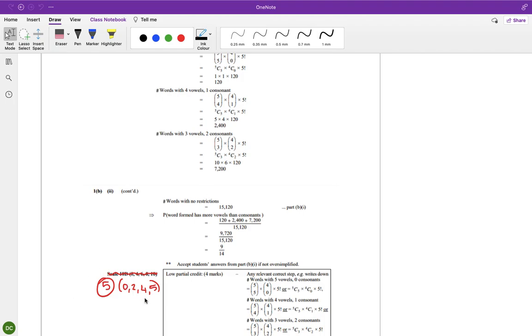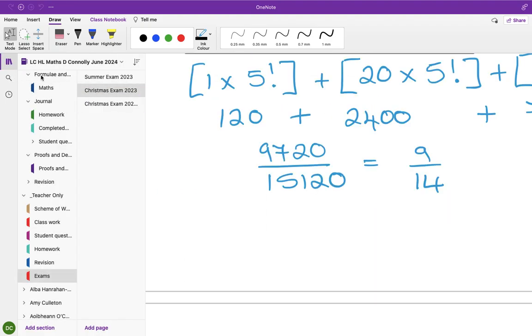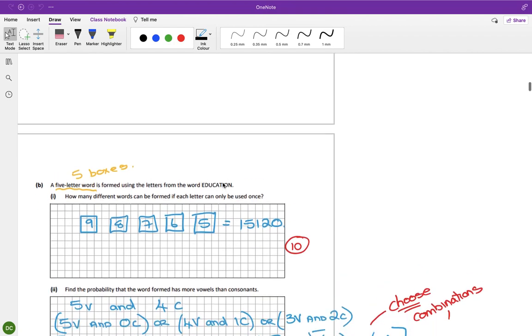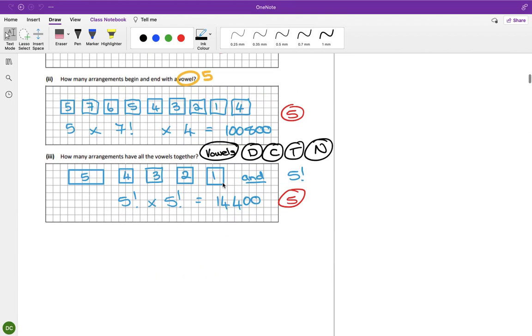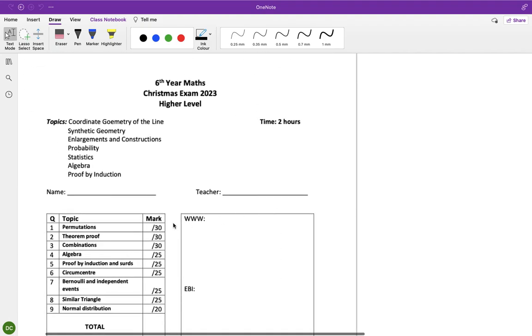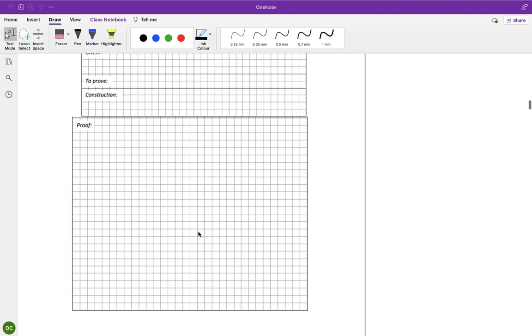It's not that you don't need to know it, it's just that for this particular exam, I thought it was fairer to switch the marks. Okay, so that's that one. That is 5, 15, 20, 25, 30. Yeah, for question 1.